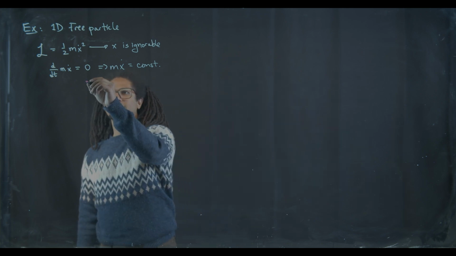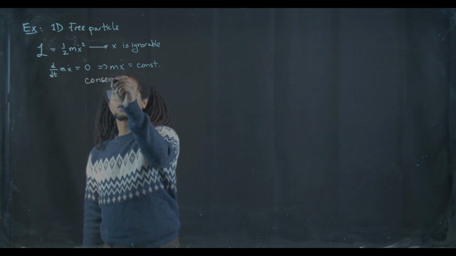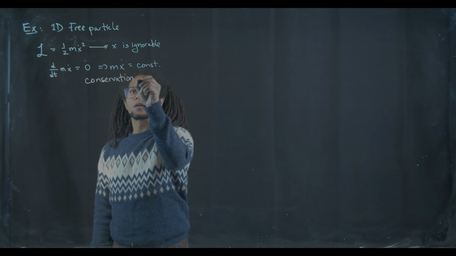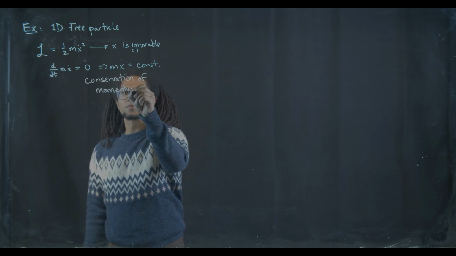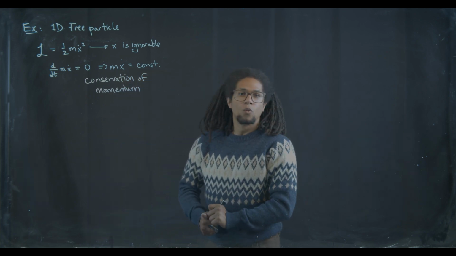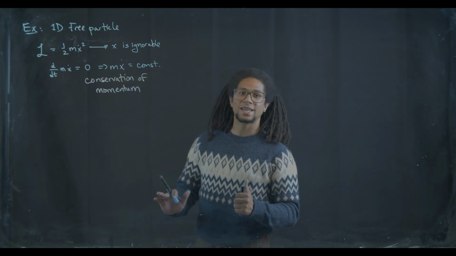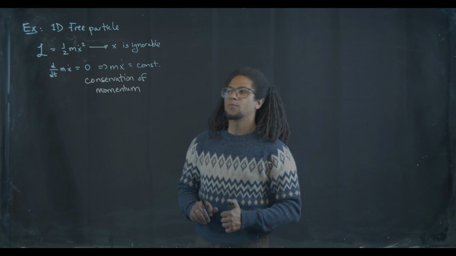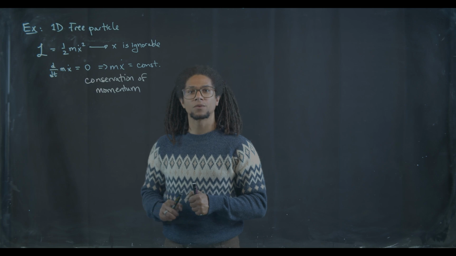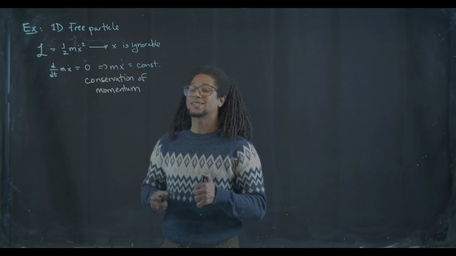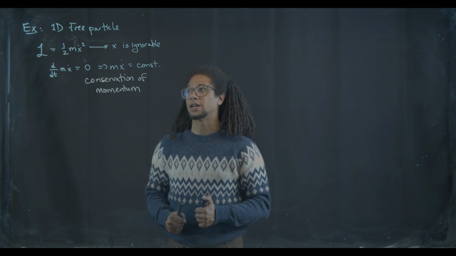So what this tells us is that we have conservation of momentum when we have what's called translational symmetry. So one way that we can state that a coordinate is ignorable is that our Lagrangian has a symmetry with respect to that coordinate.